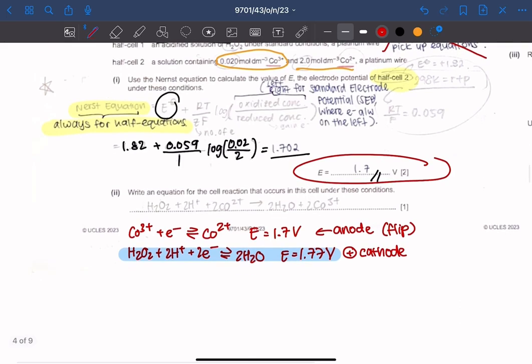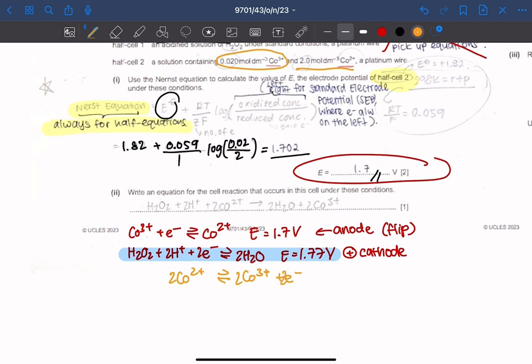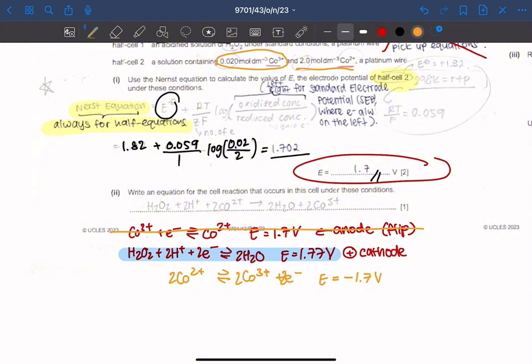So once we flip the equation, we would get Co2 plus forms Co3 plus plus E minus, and because the other is 2 electrons, we should multiply the whole thing by 2, then cross the electrons out. The new E naught value is negative 1.7 V, although you don't really need this right now.